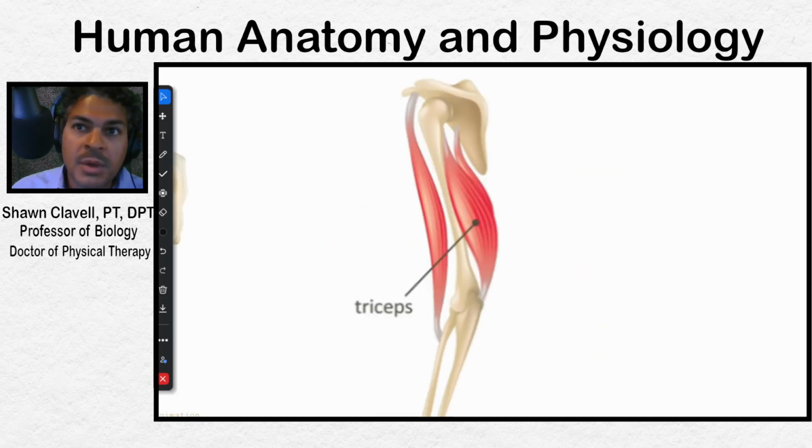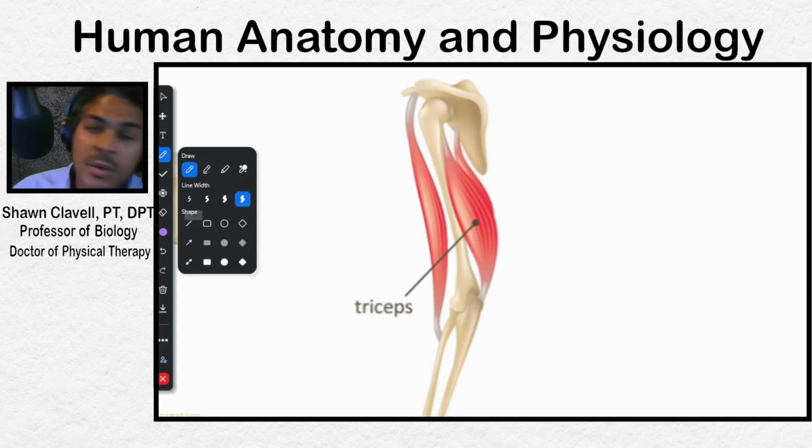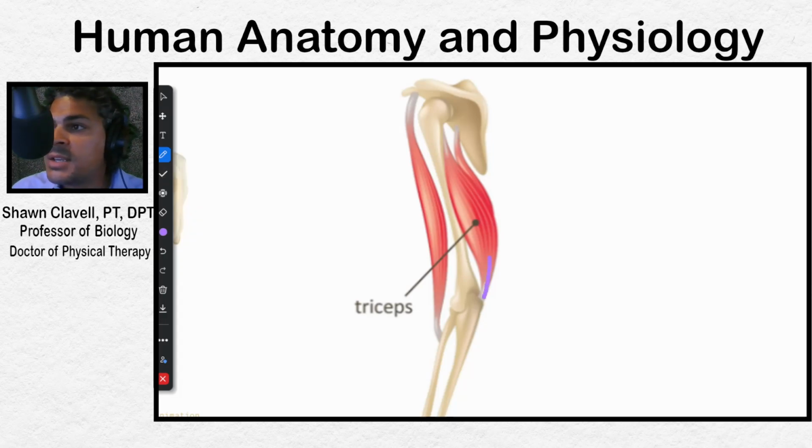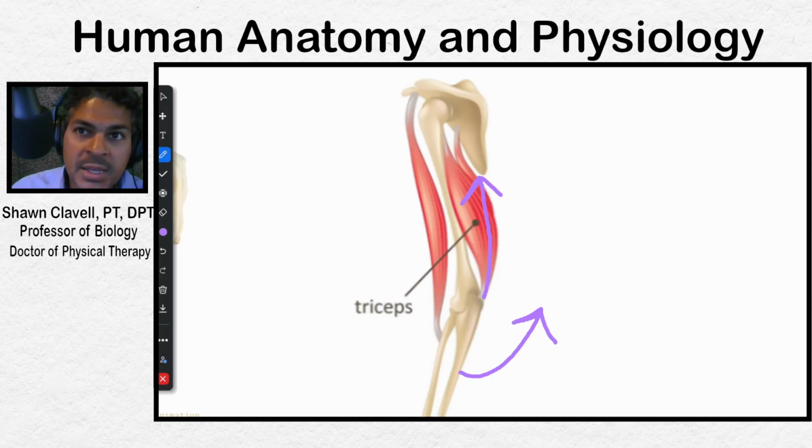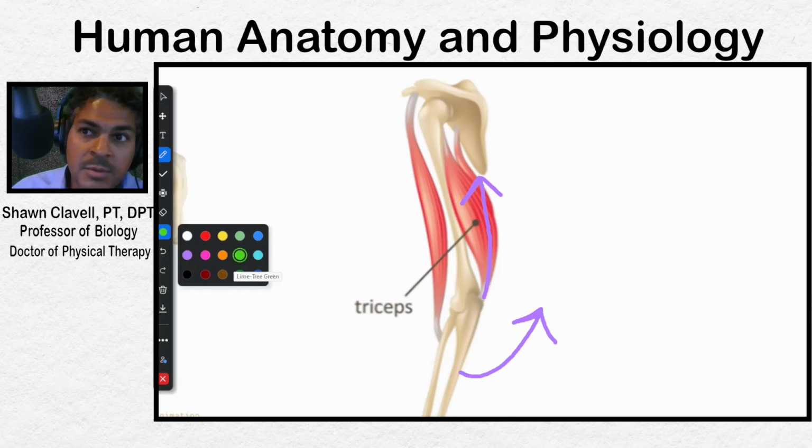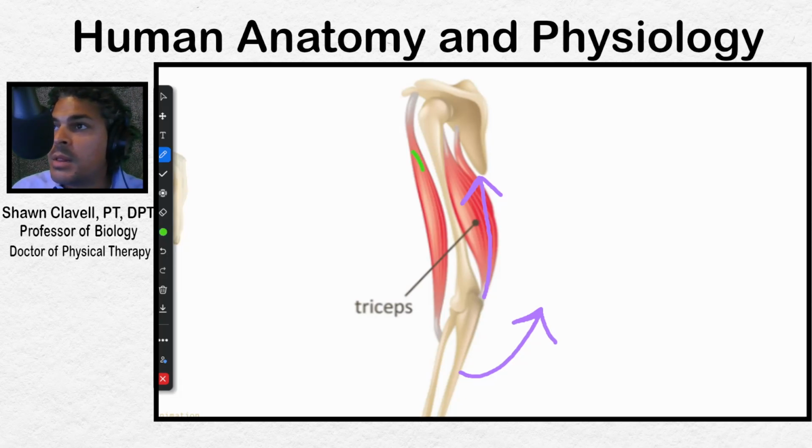In this scenario, the triceps is contracting, causing the elbow to extend, whereas the biceps muscle will be lengthening, and the forearm motion comes this way, extension.